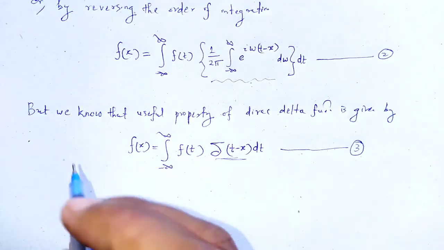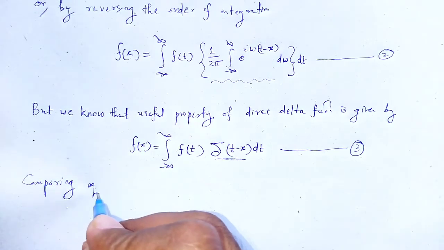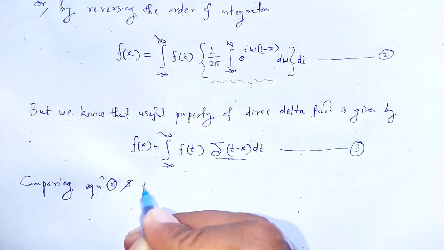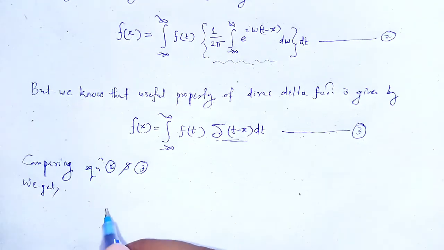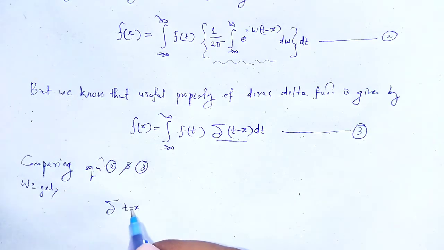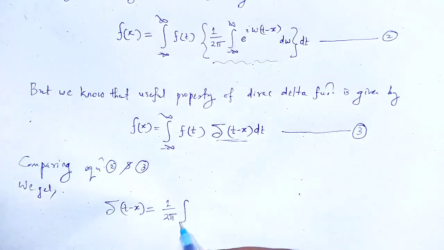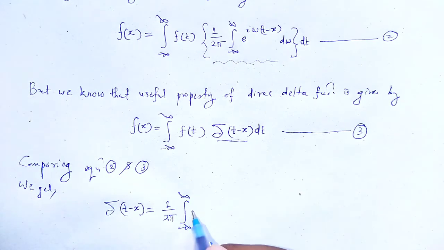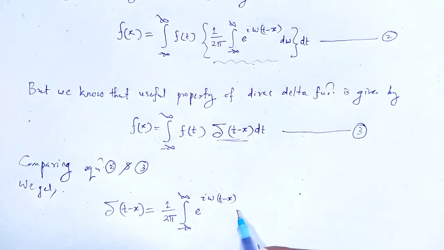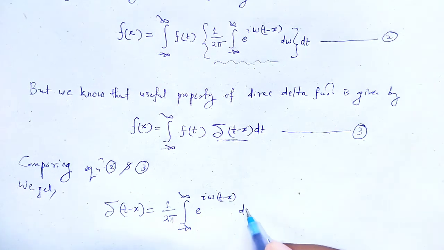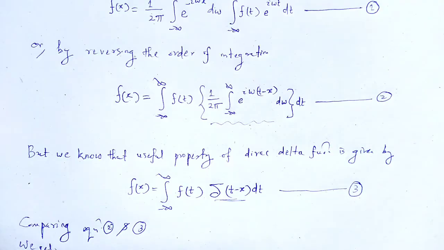Now, comparing equation 2 and 3, we get delta of (t minus x) is equal to 1 by 2 pi integration over minus infinity to plus infinity e to the power i omega (t minus x) d omega. That part is same as that integral.